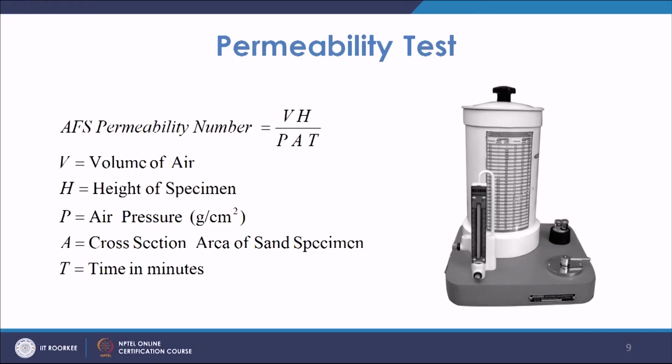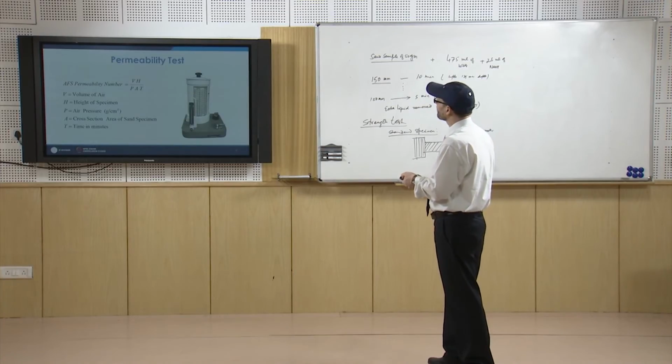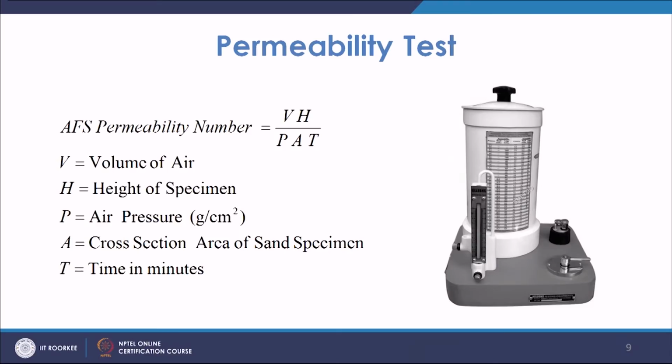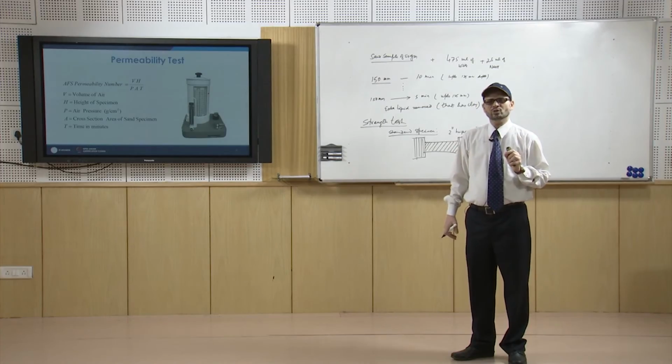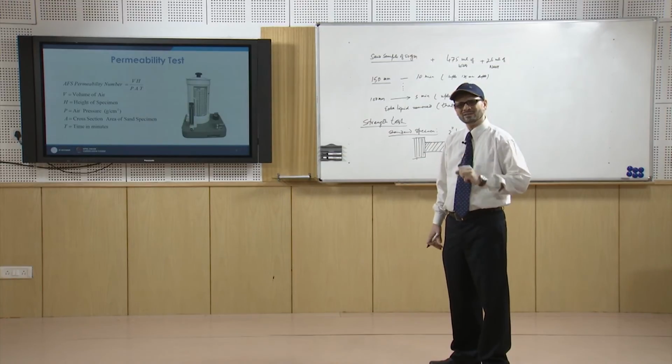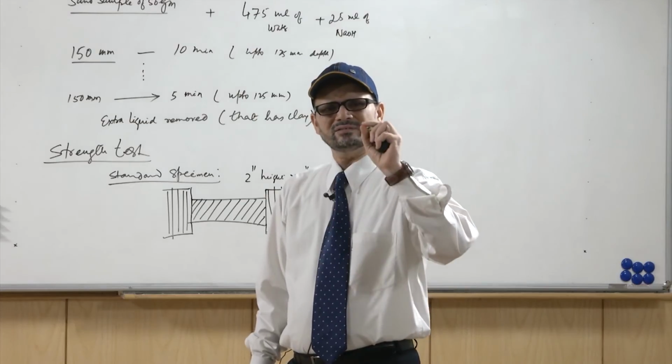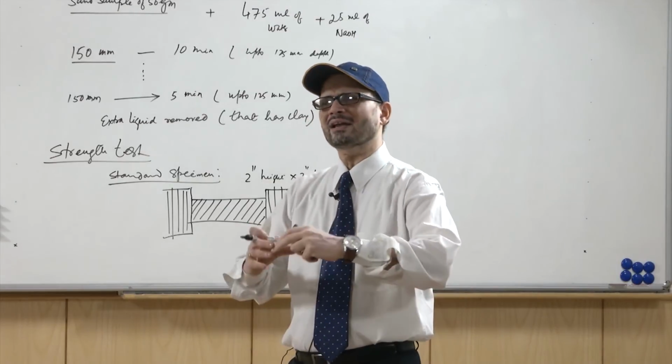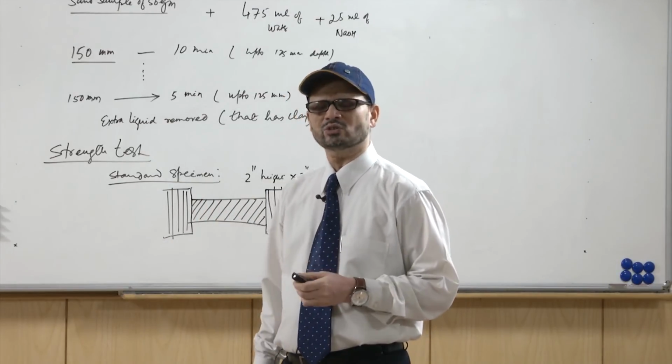You may be using 10 gram per centimeter square pressure, A is the cross sectional area of the specimen, and T is time in minutes. So, once we put all these values in this expression, VH by PAT, it will tell us a number, the permeability number. That basically tells us what is the permeability of this specimen. The sand sample has to be permeable so that it can allow the gases to pass through it.